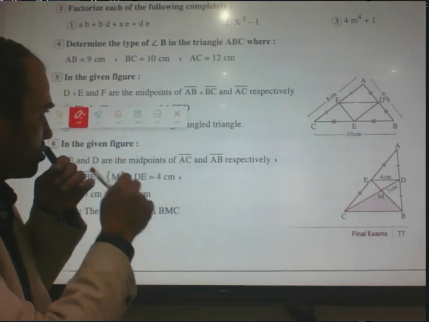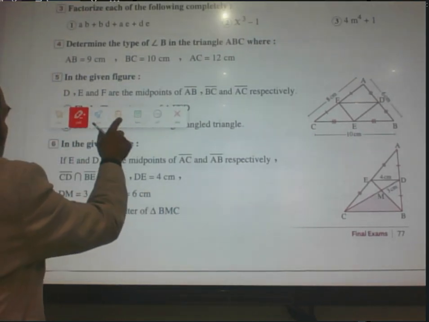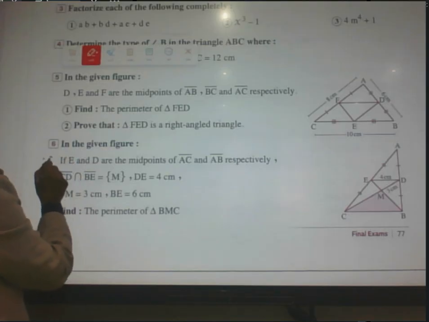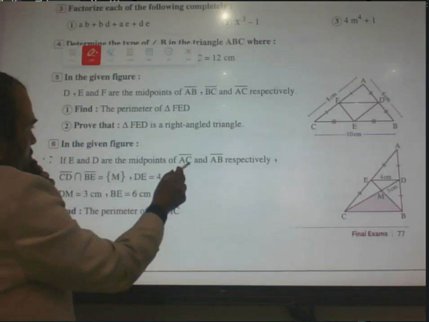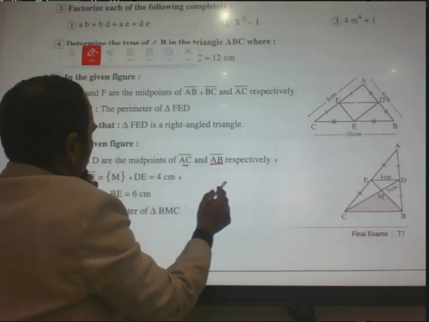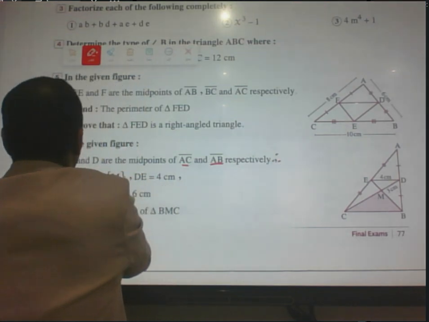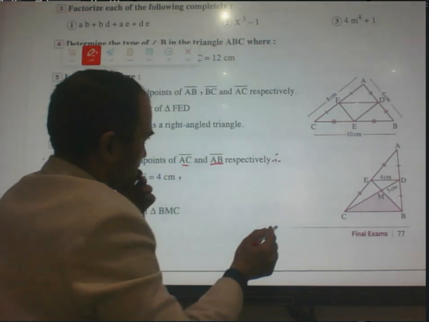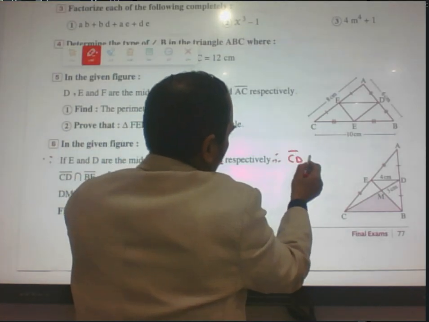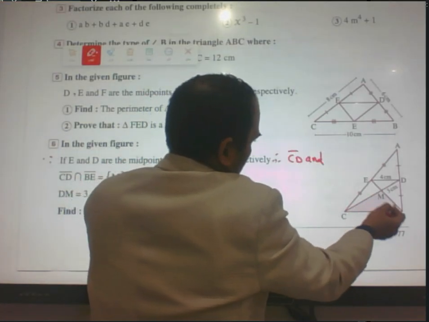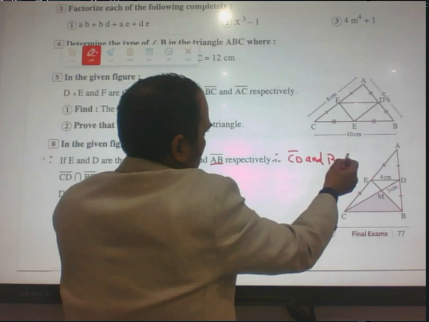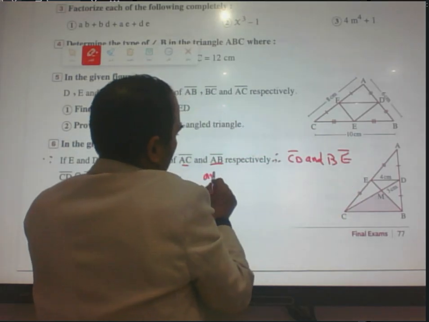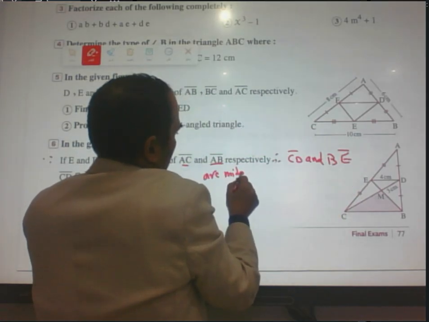Look with me, my students. Listen to me. Right, first step, such that if E and D are the midpoints of EC and EB respectively, then right first steps here, okay, in the proof. And next you can prove that now CD and CD here and PE are midpoints.